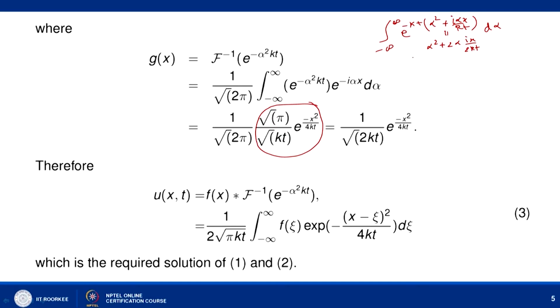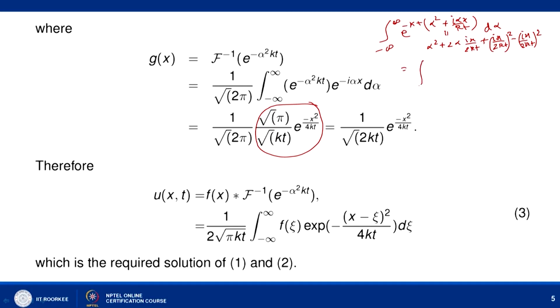So, if I want to make a perfect square, I need to add something, I need to subtract something. So, I am adding this i x upon 2 k t whole square, and similarly I am subtracting i x upon 2 k t whole square, right. So, this I can write like alpha square plus 2 alpha i x upon 2 k t plus i x upon 2 k t whole square minus i x upon 2 k t whole square d alpha.